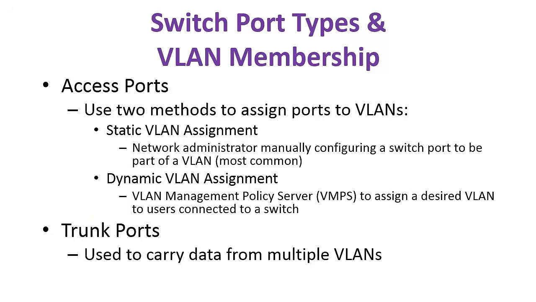Now, there's another type of port that we need to understand the concept of VLANs, and that is trunk ports. Trunk ports are used to carry data from multiple VLANs. So access ports only allow communication from one end device over a specific VLAN.